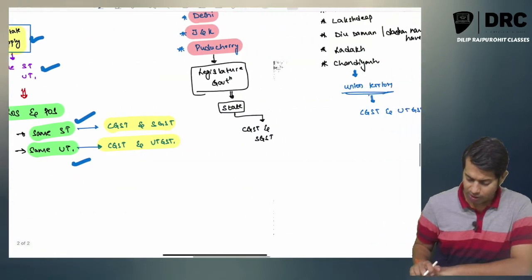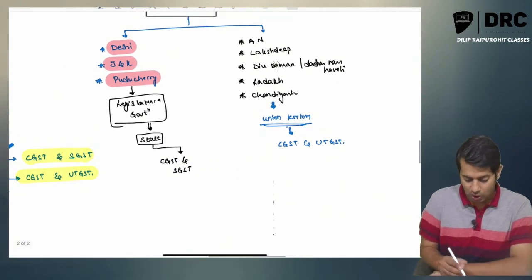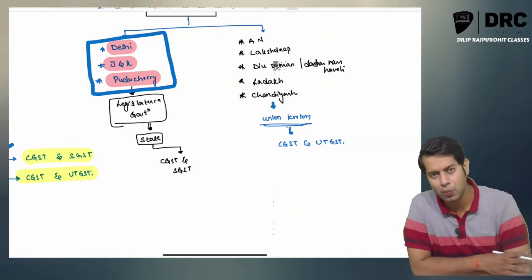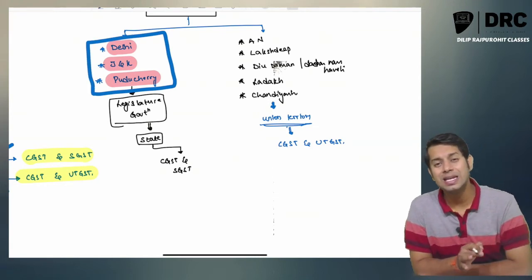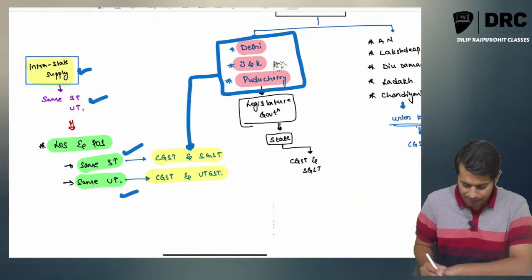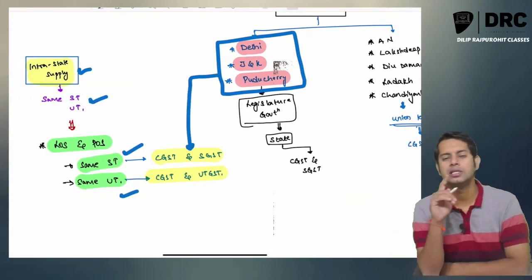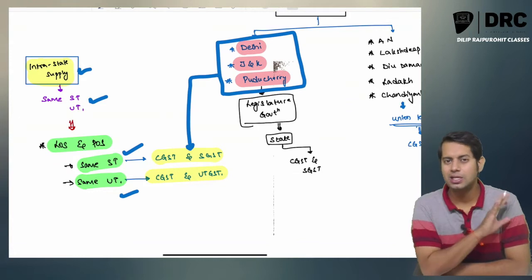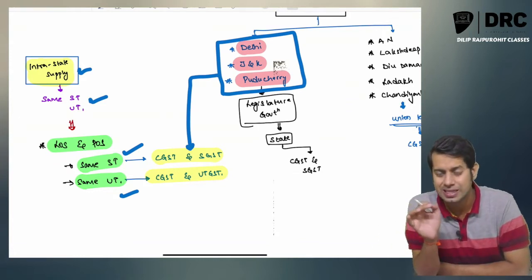We understood what the different union territories are, and we saw that there are 3 union territories, Delhi, Jammu and Kashmir, and Puducherry, which are regarded as a state for the purpose of GST law. Therefore if you make a supply within these union territories, you have to collect CGST and SGST. It is not CGST and UTGST, it is CGST and SGST.